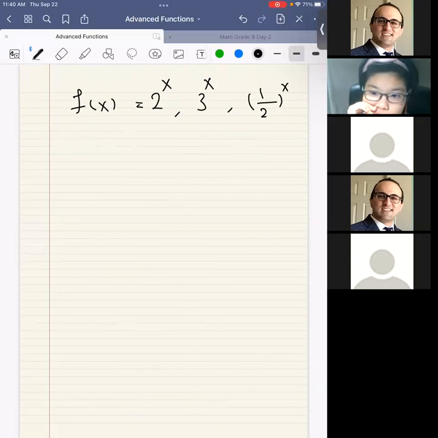It can also be an irrational number, like a square root to the power x. What about a negative number? No, we don't put negative numbers.